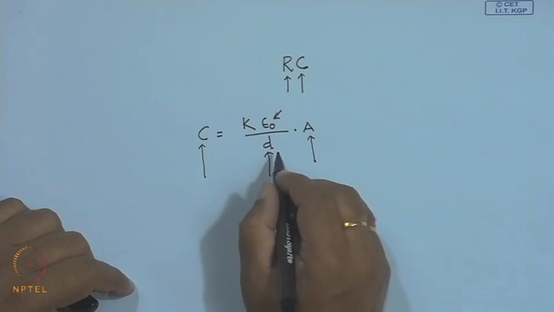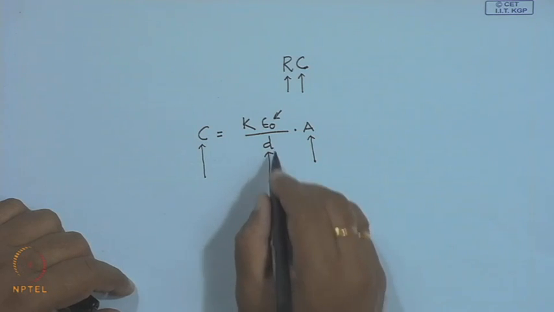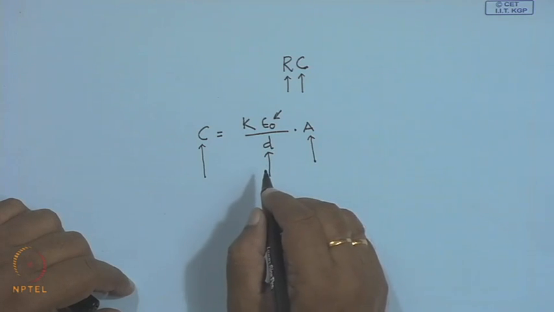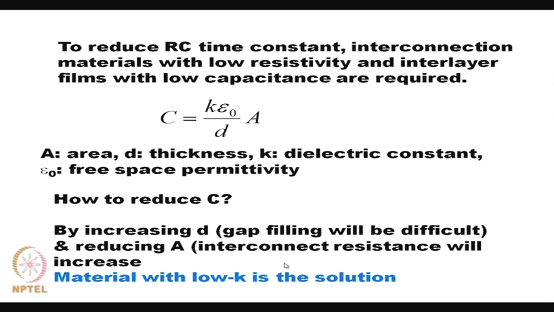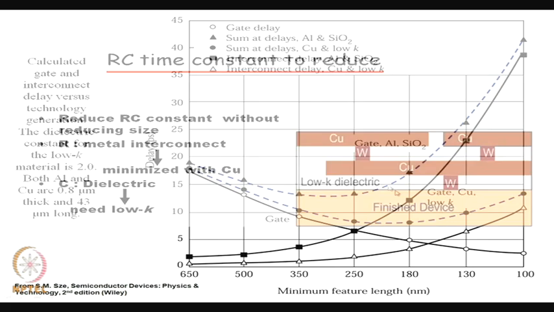One approach can be that you maximize D, you increase D, but if you increase D, then there will be a problem with gap filling. The gap filling will be difficult, because if you increase the thickness, then those gaps you have to fill with some material, which will be very difficult.